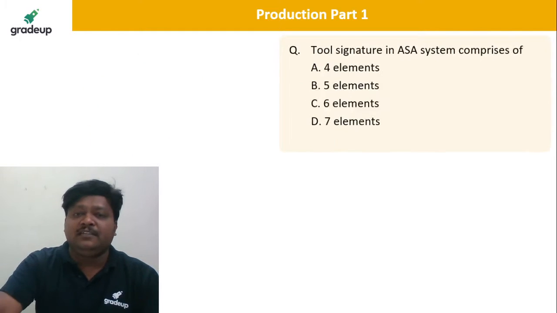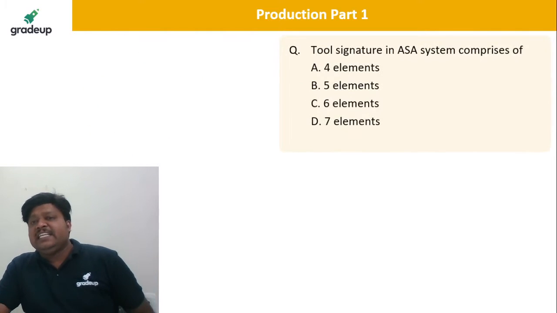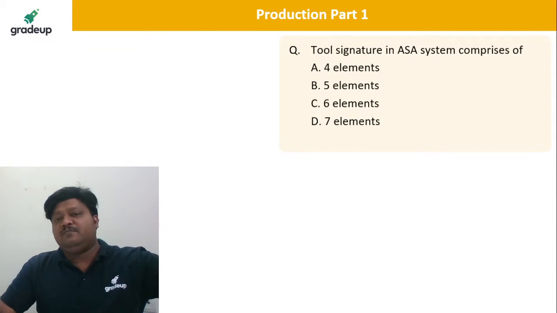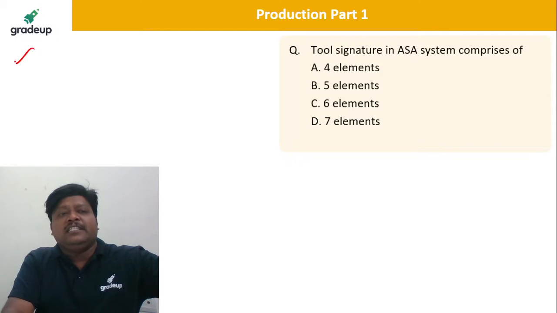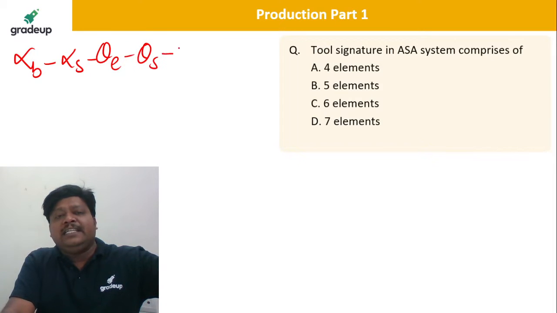Yes, next question. Tool signature in the ASA system comprises how many elements? If I take the ASA system: back rake angle, side rake angle, then relief angle, end relief, side relief, then end cutting edge, side cutting edge, and the nose radius, the linear dimension.